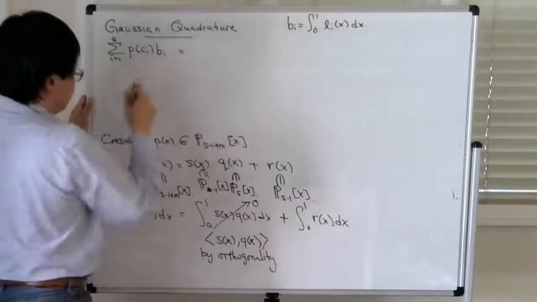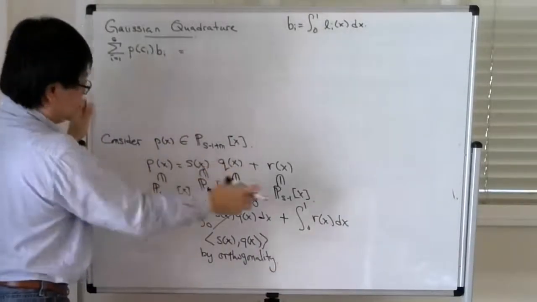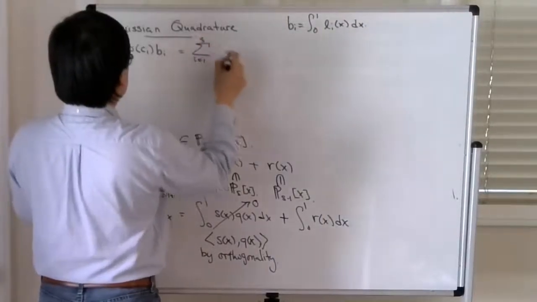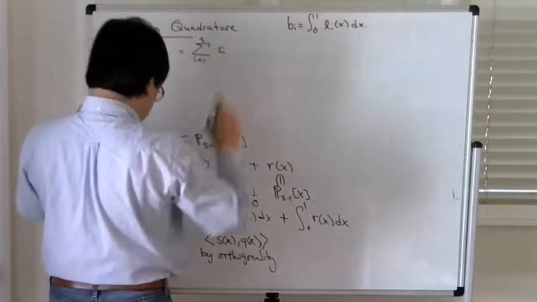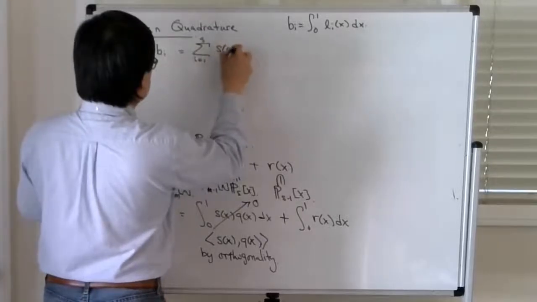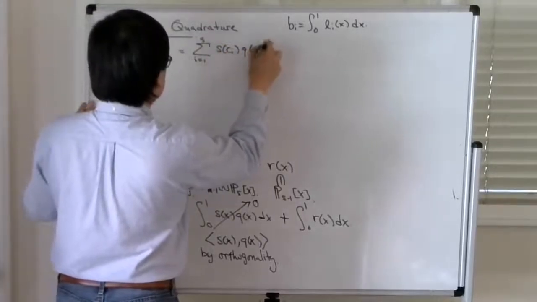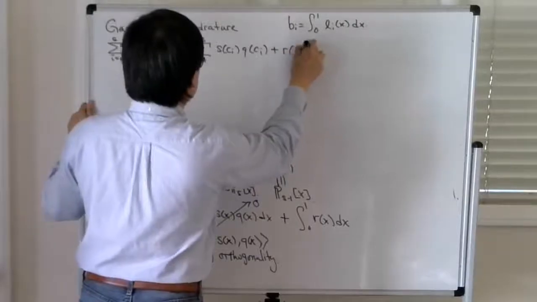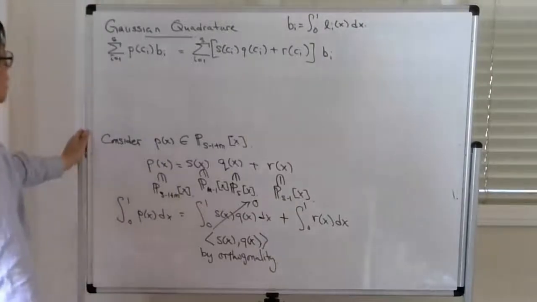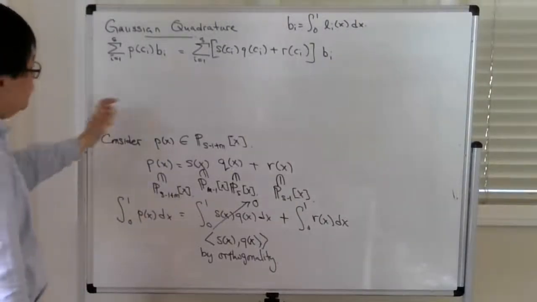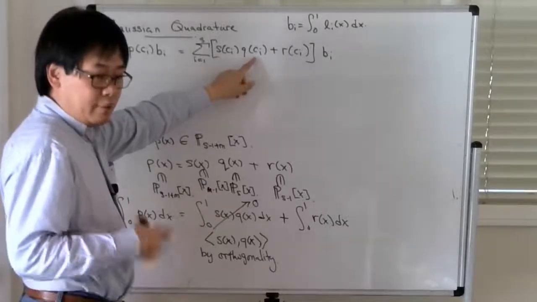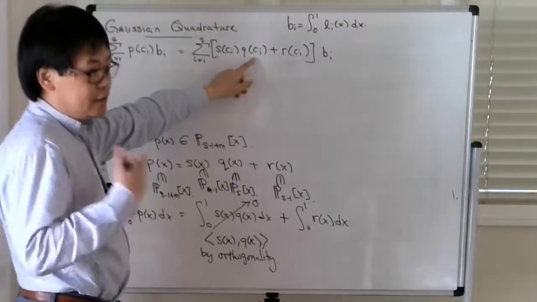I'm going to rewrite p now again as sq plus r. So this is the sum from i equals 1 to s of s(c_i) q(c_i) plus r(c_i), multiplied by b_i. Now if you look at this, you observe that q is being evaluated at c_i's, but by construction, q has roots c_1 to c_s.